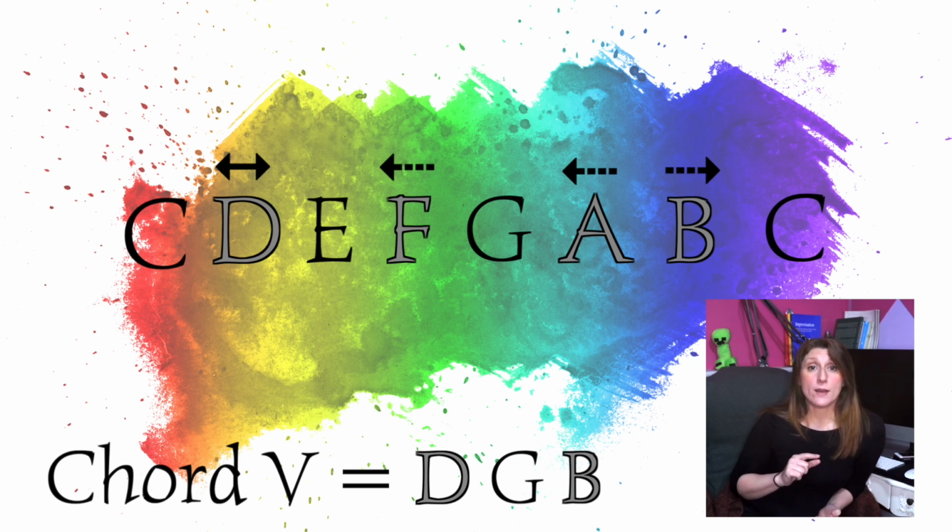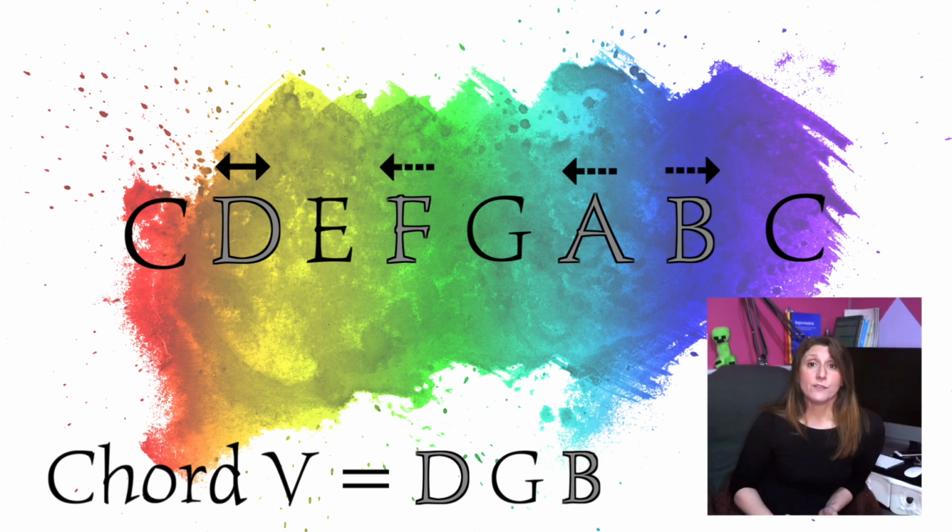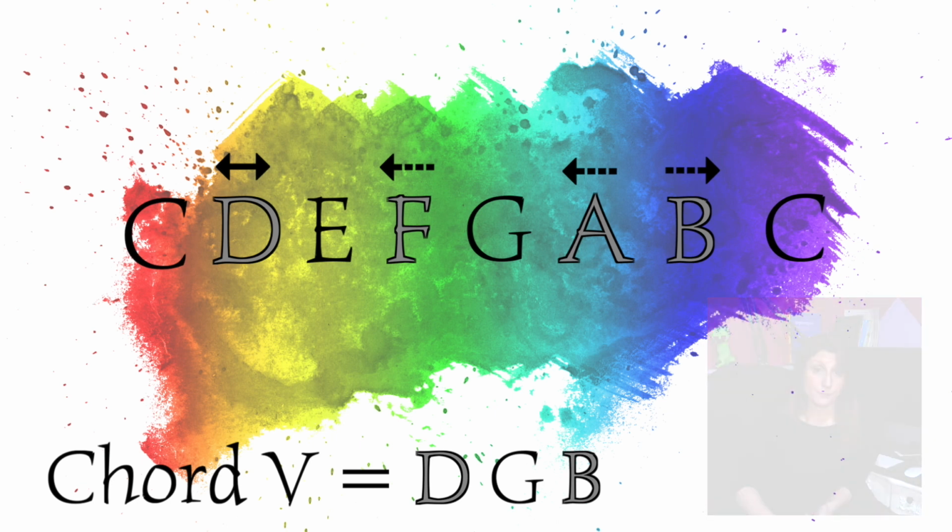Because of this, we are drawn to resolve the tension created by the two active notes B and D. Active note B will be resolving in C, and active note D will be resolving in E, leading to the resolution of this chord in the first triad or chord 1, C, E, G.